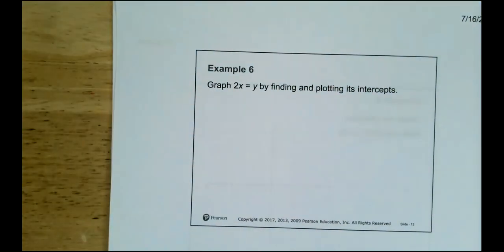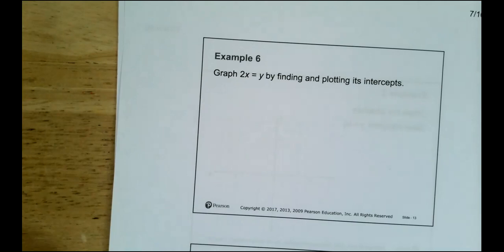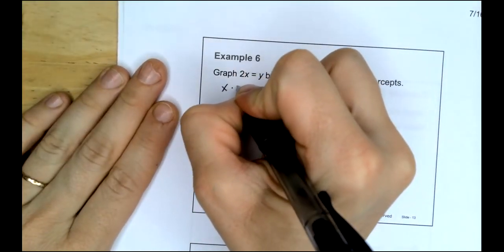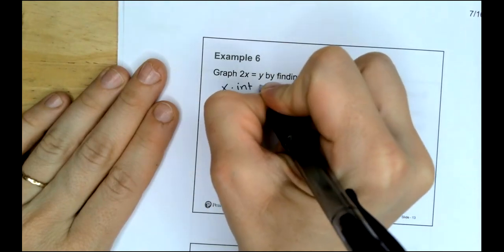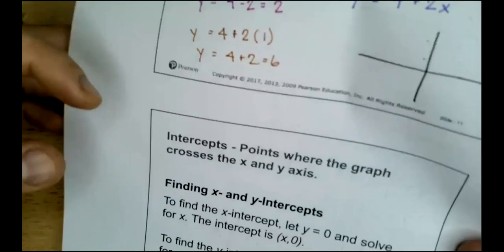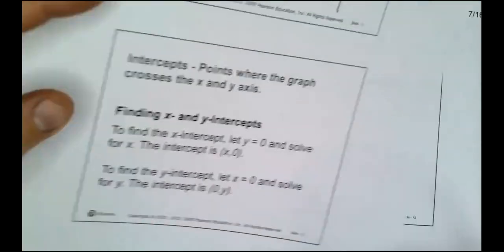So if we graph 2x equals y by finding and plotting only the intercepts, that means that to find the x-intercept, what does it say? To find the x-intercept, y is equal to 0.